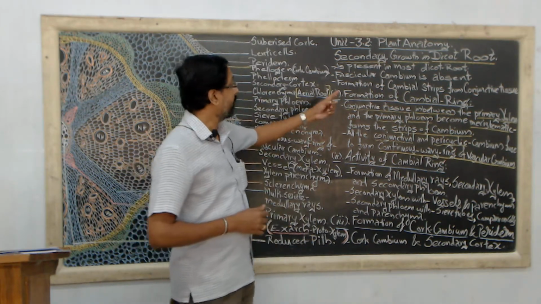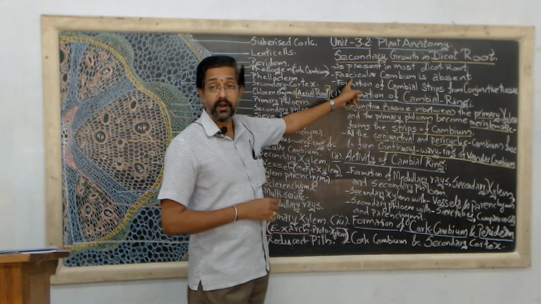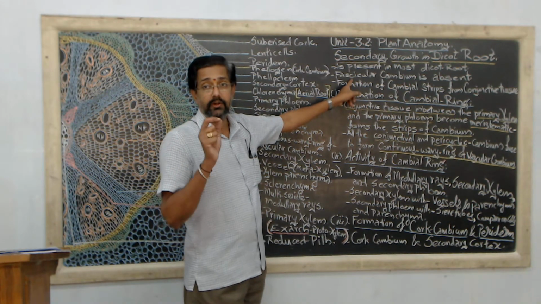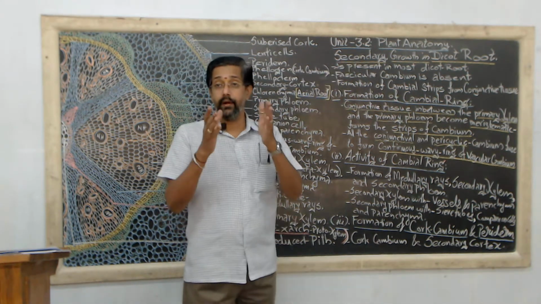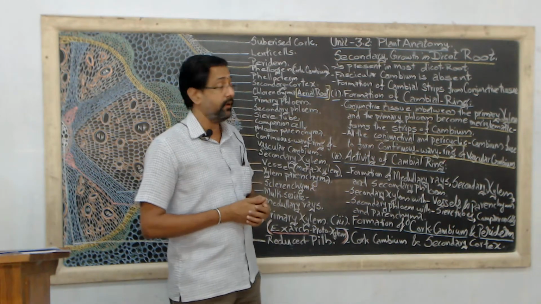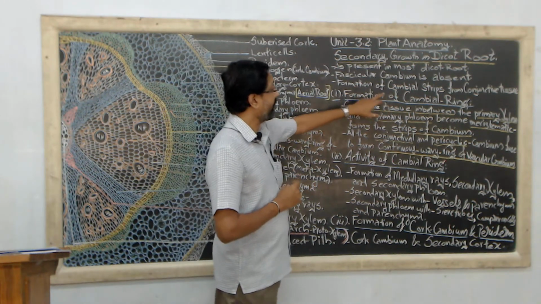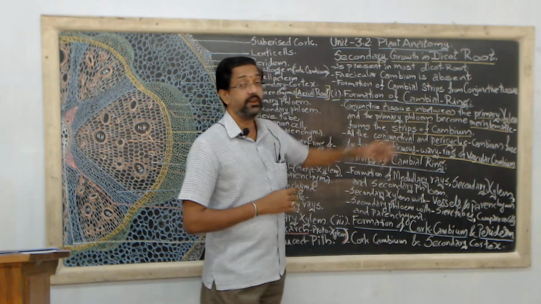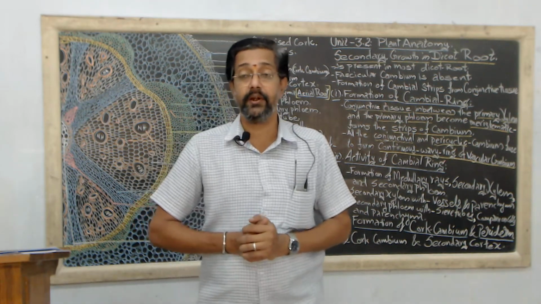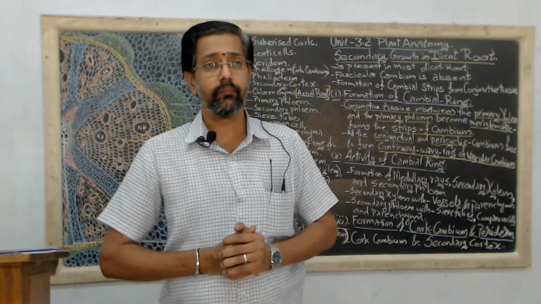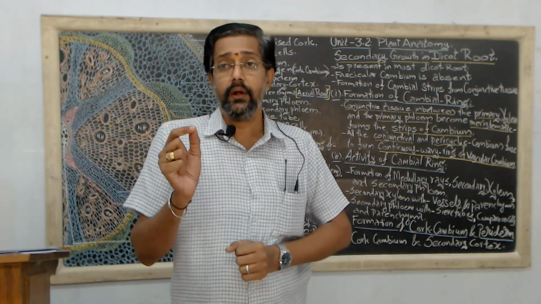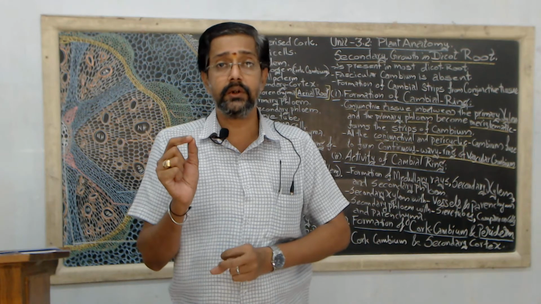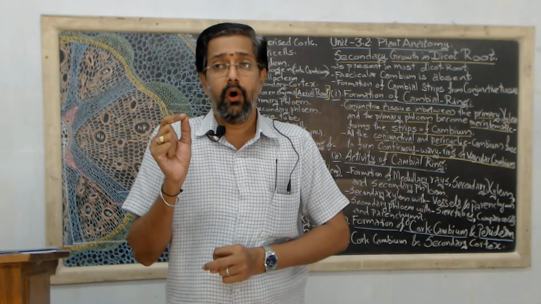So normally in the root system the fascicular cambium is absent, because the vascular elements called xylem and phloem are derived in a radial fashion, and the cambial strips are formed from conjunctive tissue, which takes place during secondary growth.